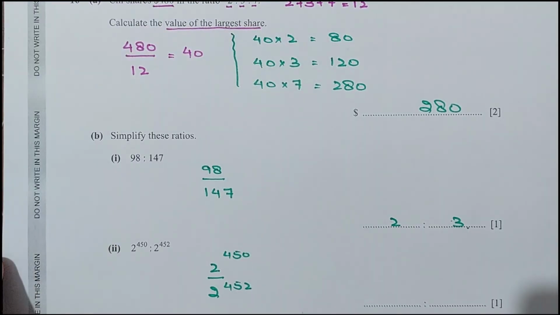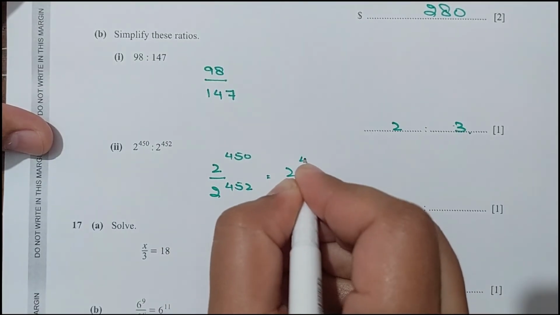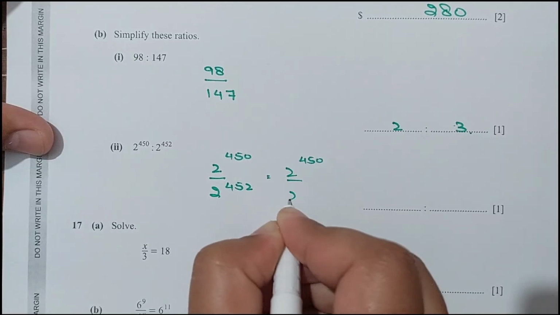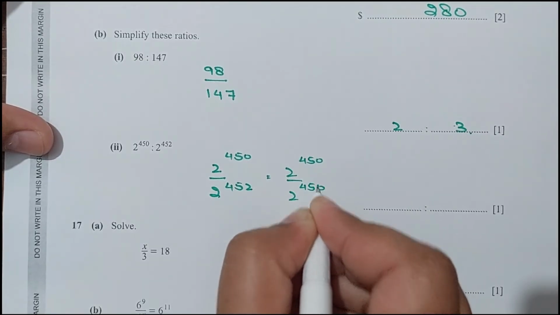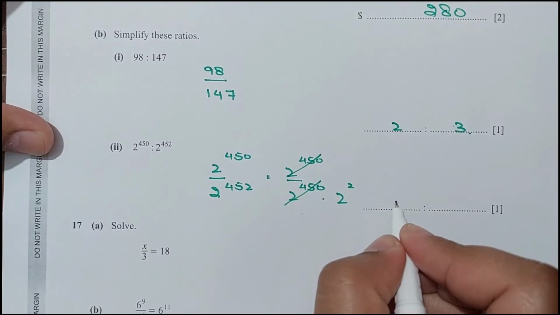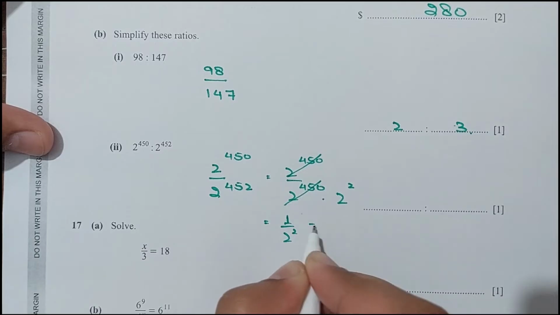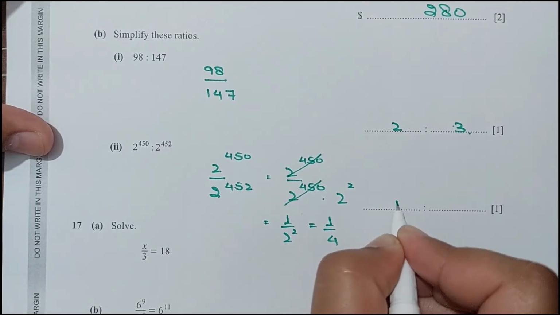It's error, so let me simplify this. We have to break this 2 to the power 452 into 2 to the power 450 times 2 to the power 2. So these two powers are cancelled out, so we have 1 over 2 to the power 2, so this is 1 by 4. So 1:4 is the simplest answer.